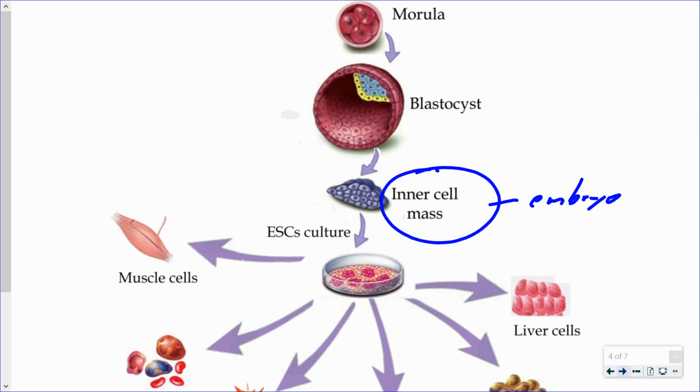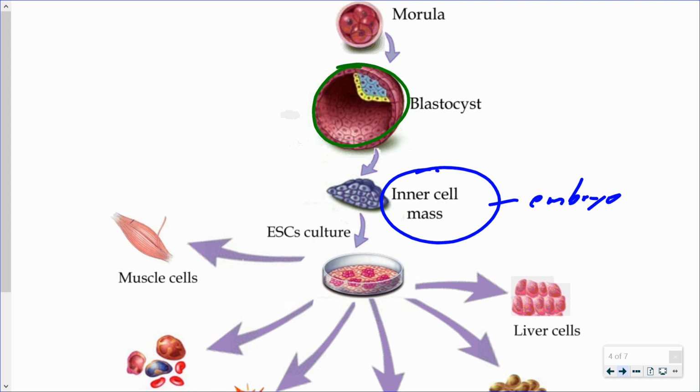The cells around the outside, remember those are the trophoblastic cells, they form what are referred to as extraembryonic structures, and that includes structures that are not part of the embryo but are vital for the survival of the embryo, and that includes one that I mentioned like the placenta, the umbilical cord, other ones that we'll come across like the yolk sac and the amnion as well.